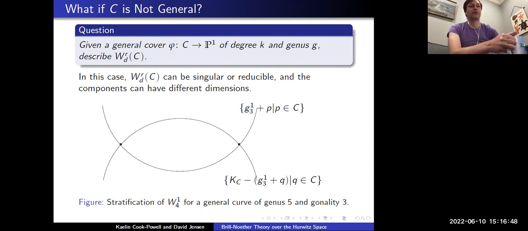And what you'll see, if you work it out, is that you get one component of dimension 1 that looks like this one. You take the line bundle of degree 3 and you add a base point, but then it also has a second component that's just an isolated point. So you can see all sorts of pathological behaviors when you start looking at these objects.